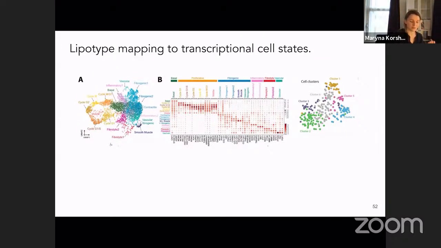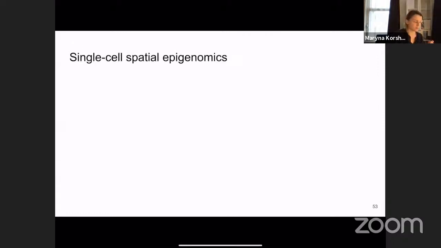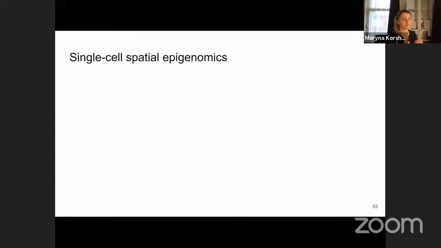So actually, I was really surprised, and I thought that nothing else could surprise me, but then I found a paper on single cell spatial epigenomics. I was really thinking that the drawbacks and limitations of wet lab methods are very crucial, and you have to put a lot of effort into solving different technical issues.